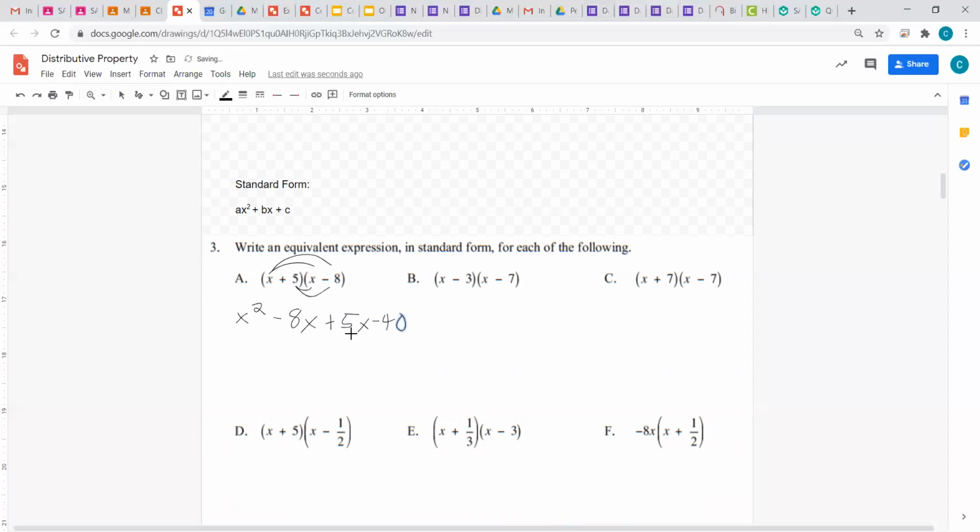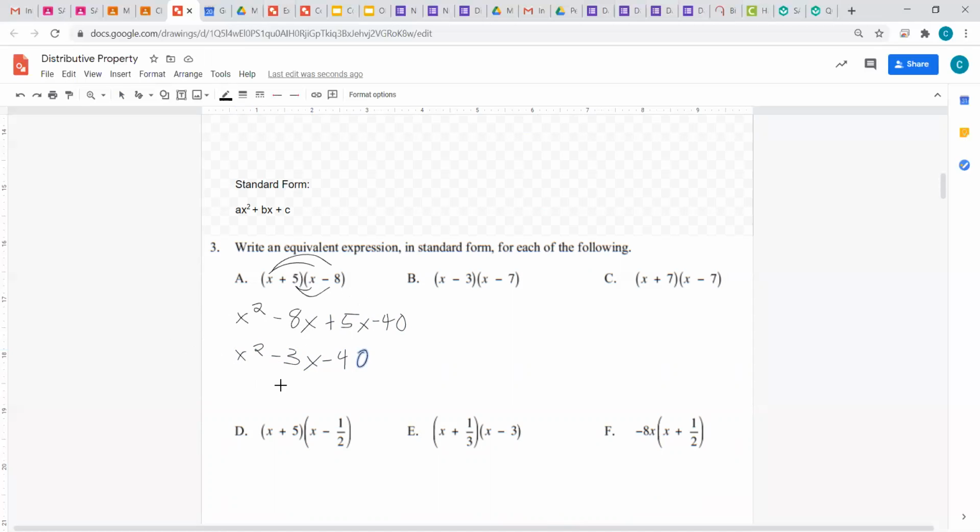So we've multiplied everything out. Then I notice we have two x terms. We can combine those. We get x squared minus 3x minus 40.